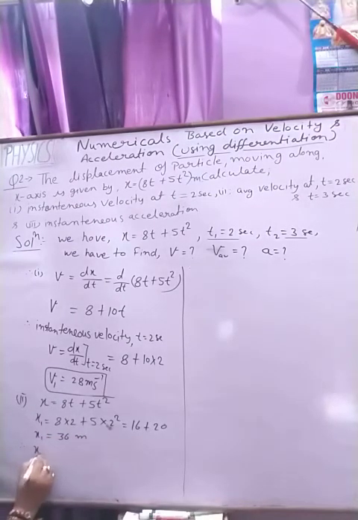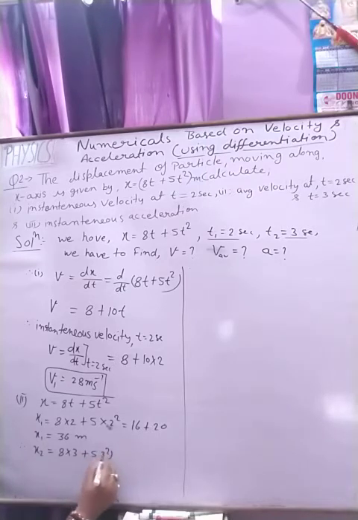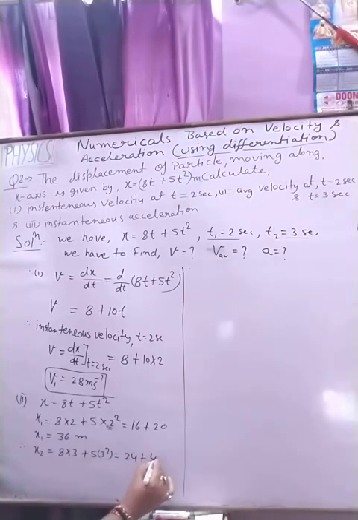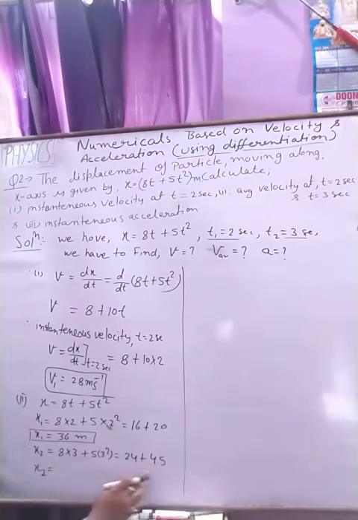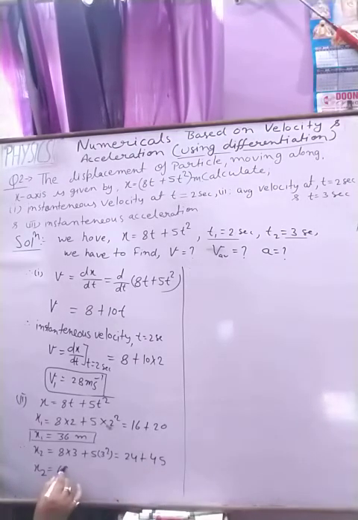Similarly x2 is 8 into 3 plus 5 into 3 square, which we get 24 plus 9 into 5 is 45, and on solving we get x2 is 69 meter.